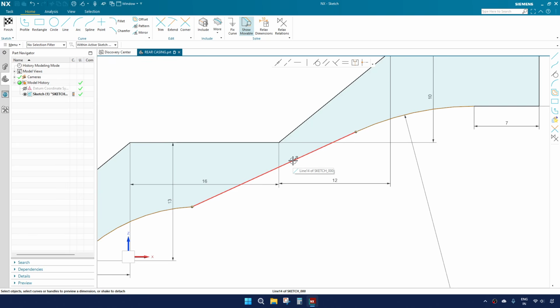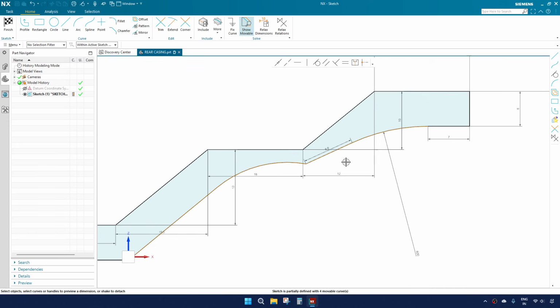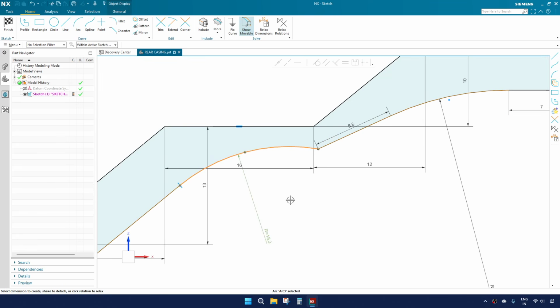The dimension of this inclined line is 8.6. The radius of this one is 32.